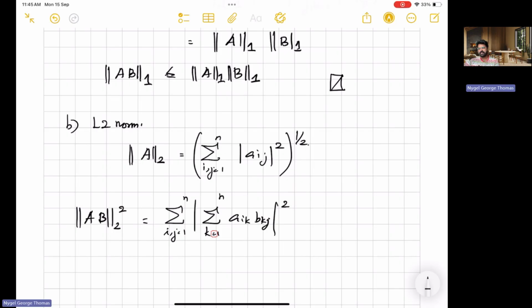This is the modulus of a sum, so it is always less than or equal to the sum of the moduluses.